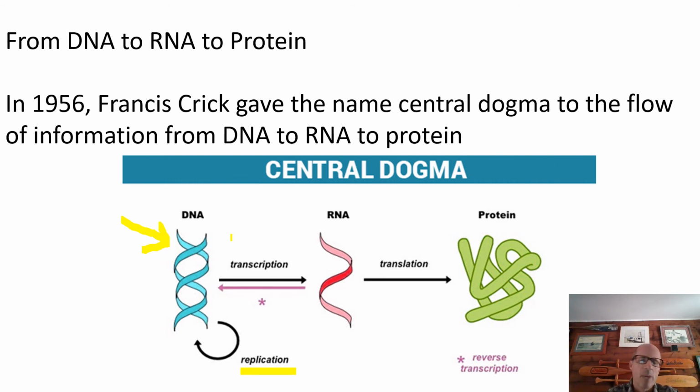Our next step is to figure out the transfer of DNA into RNA. RNA is really the message that gets carried from the nucleus to the cytoplasm, and finally, that RNA has to be translated in the cytoplasm to make protein.